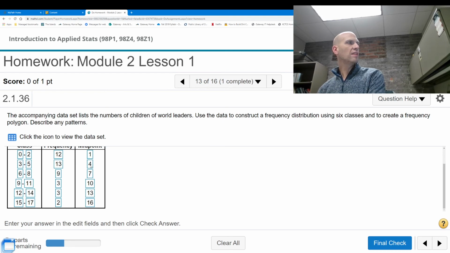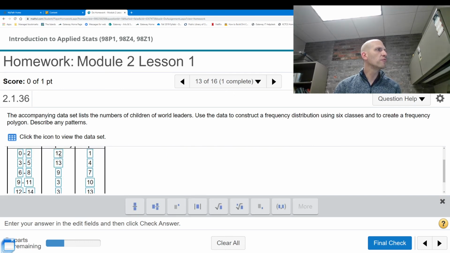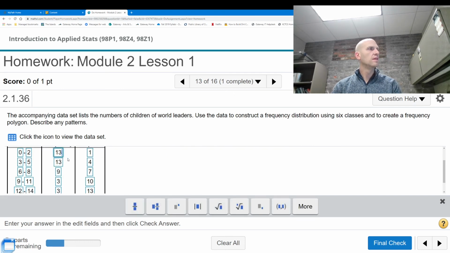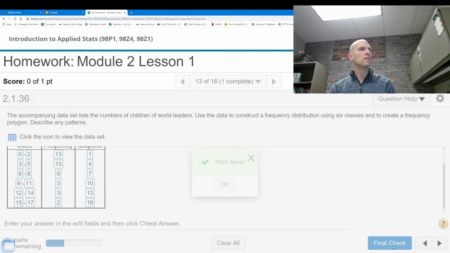That's halfway, that's halfway, that's halfway. There it is right there. I had typed in the first frequency incorrectly. One little mistake did it.